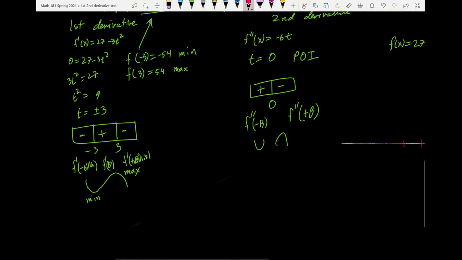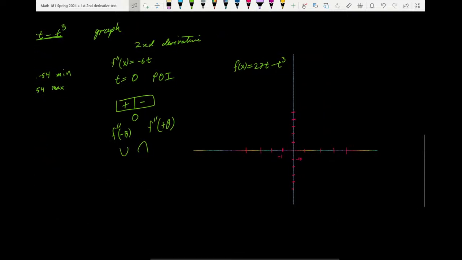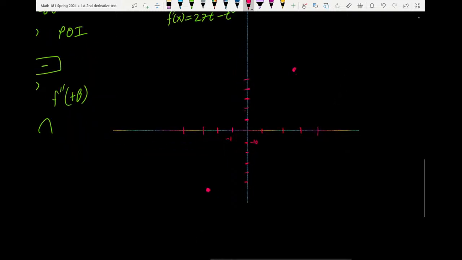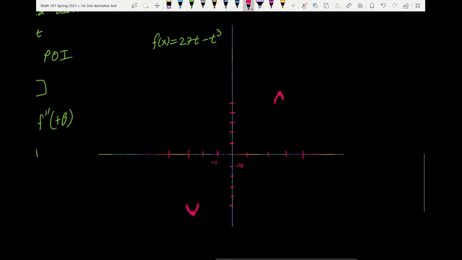Okay. All right. So my minimum is at negative 3, negative 54, roughly over here. My positive is at this point, roughly over here. So that's my maximum. And here is the minimum.